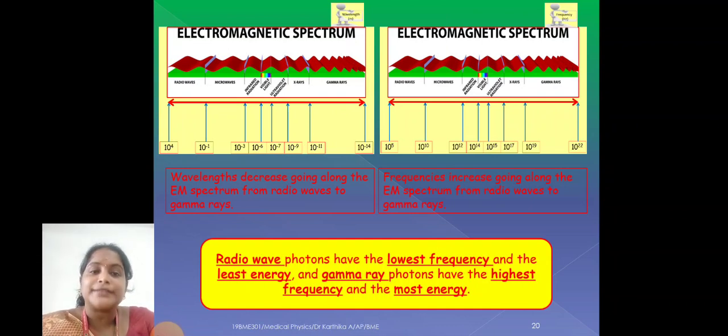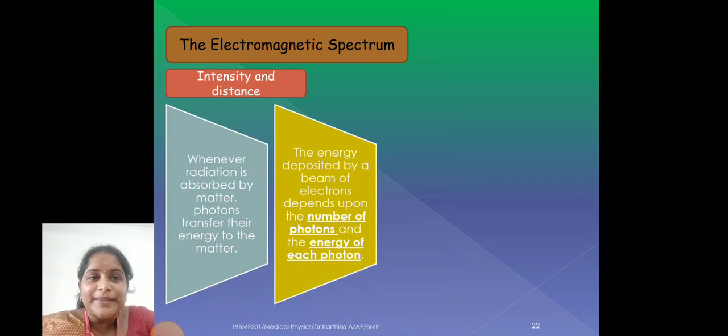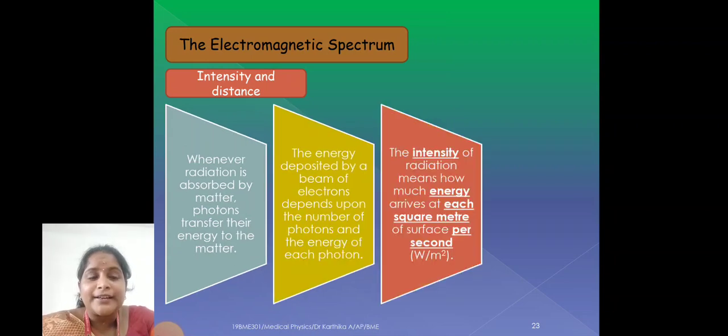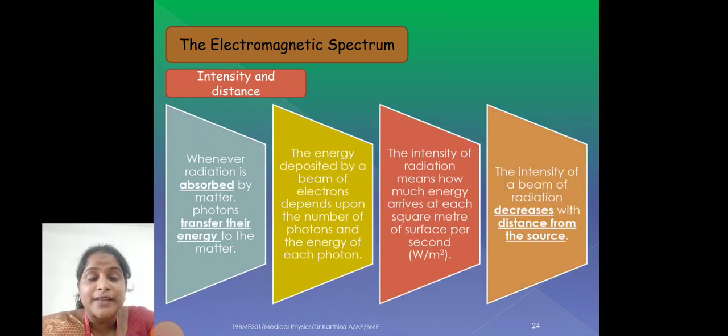Radio wave photons have the lowest frequency and the least energy, and gamma ray photons have the highest frequency and the most energy. Next, considering intensity and distance: whenever radiation is absorbed by matter, the photons transfer their energy to the matter.